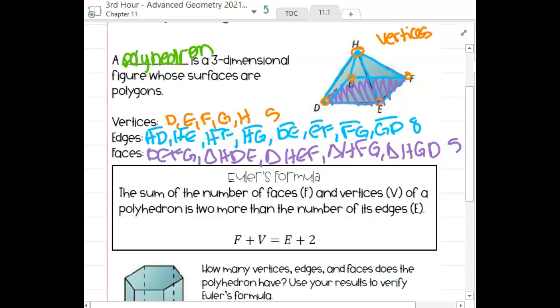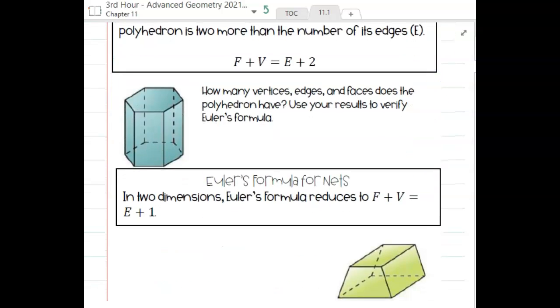So Euler's formula says if you take the number of faces, which we said was 5, plus the number of vertices, which was also 5, it will equal the edges, which we said was 8, plus 2. 5 plus 5, 10, equals 8 plus 2, also 10. So we're going to see through a couple of these that formula is going to work for all of our polyhedrons.